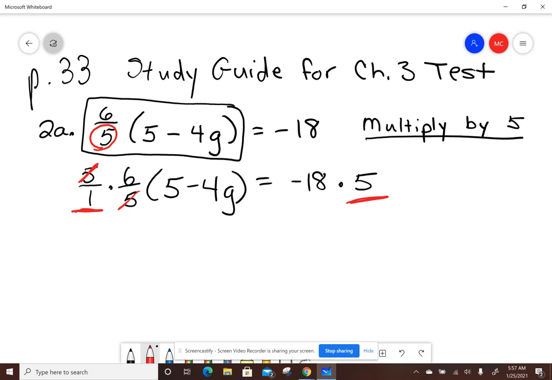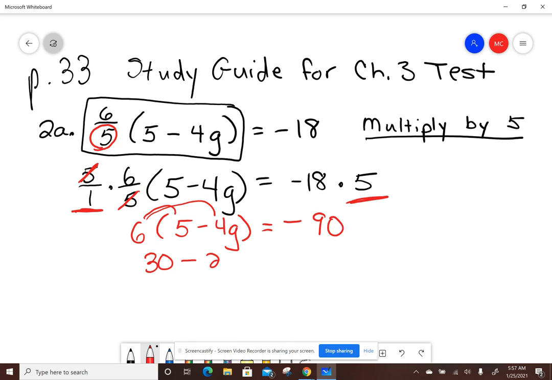Here, this 5 and this 5 cancel out, and I'm left with 6 times 5 minus 4g equals, and negative 18 times 5 is negative 90. So you notice now I have an equation without any fractions. Makes this much easier. So I'm going to distribute. I get 30 minus 24g equals negative 90.